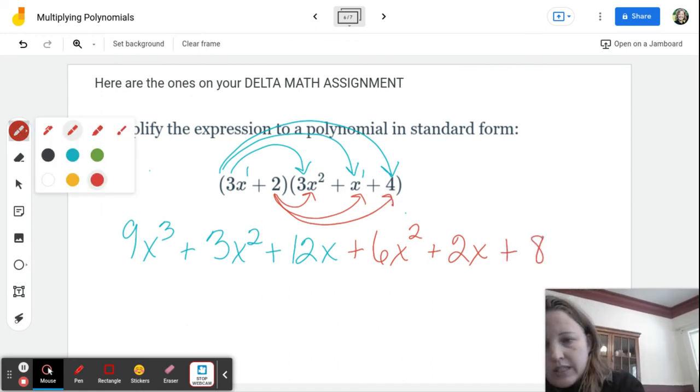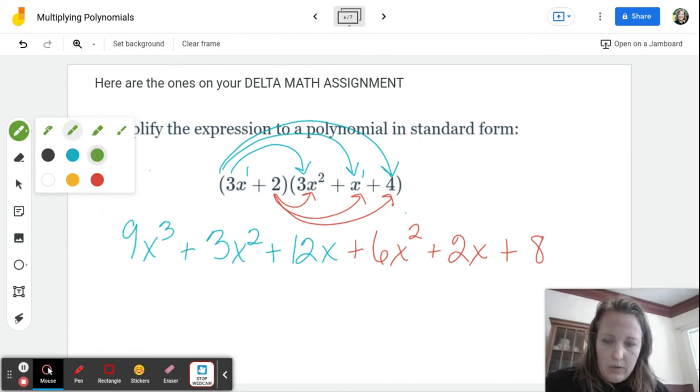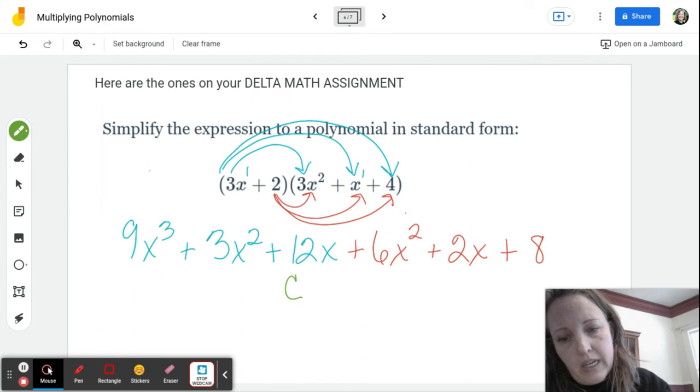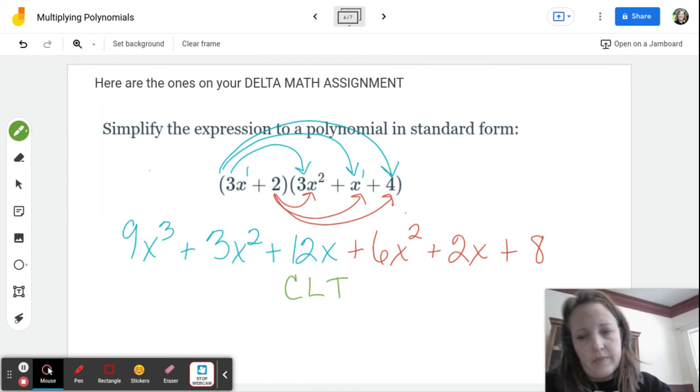Once you have this written, then you're going to go back to your rules of adding and subtracting with monomials, because we have 1, 2, 3, 4, 5, 6 monomials. There's 6 terms here, and we're going to combine like terms. So combine like terms. Okay, so the like terms, what do we have? 3x squared.